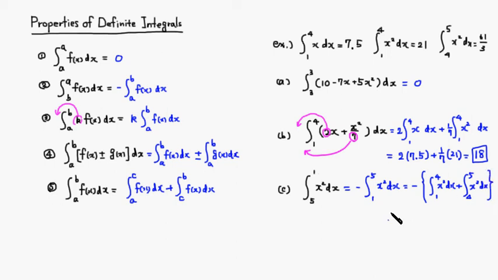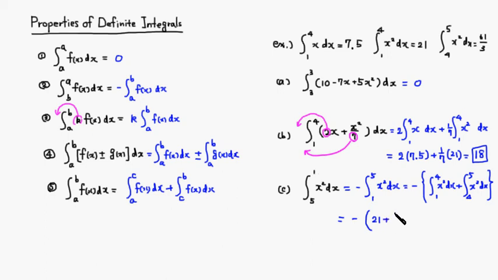So we can do that. The negative sign is still there. So 1 to 4 is going to be 21, and plus 4 to 5 is 61 over 3.